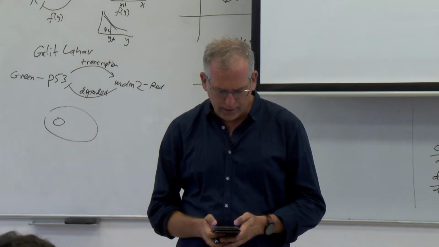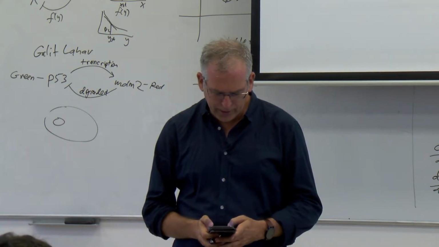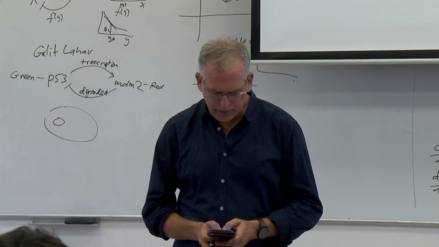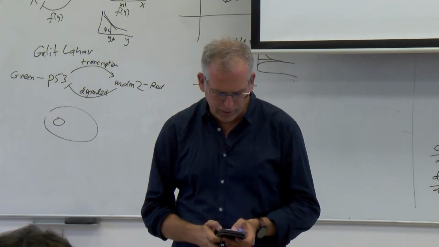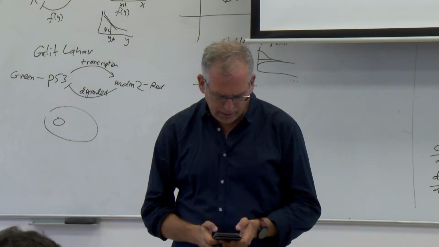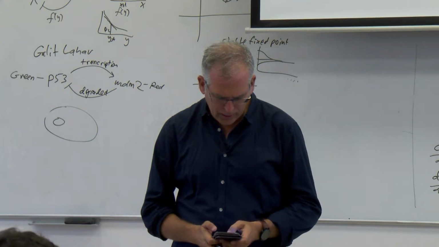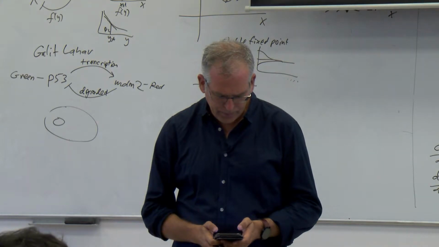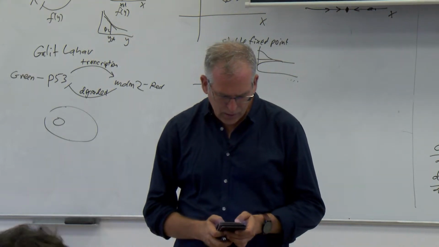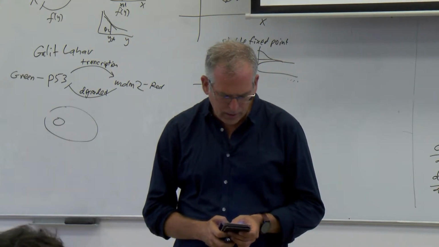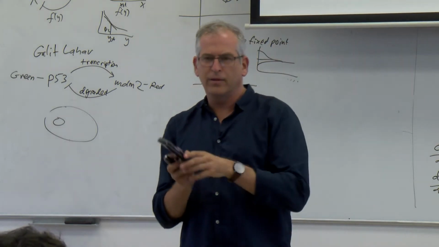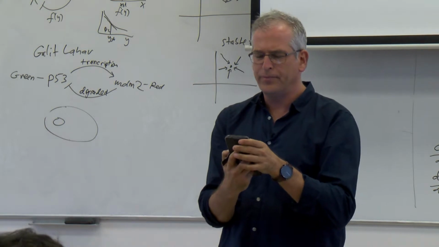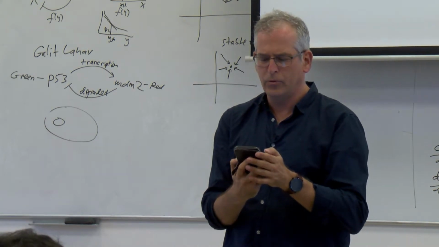So go to Uri Alon's webpage. Just type Uri Alon, and you get to my home page. When you get there, it looks like this, Uri Alon Lab. On the top there's Movies. Click on Movies.